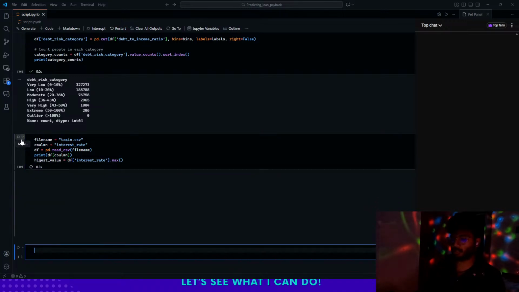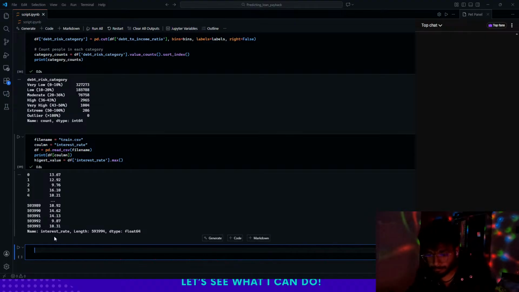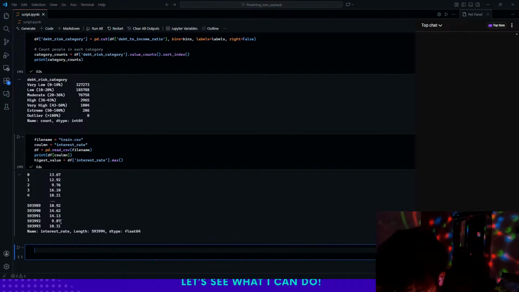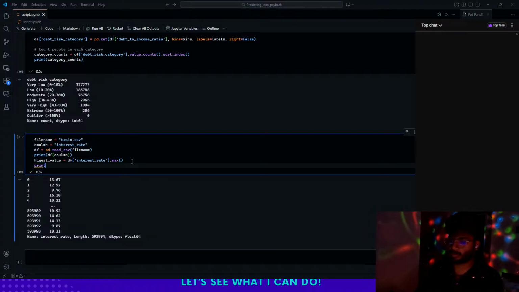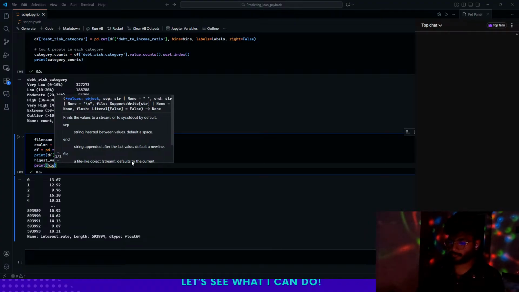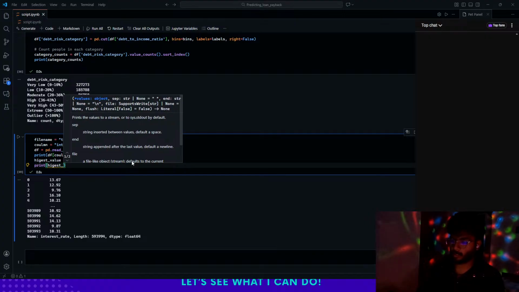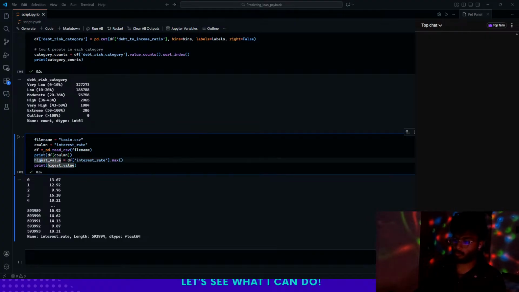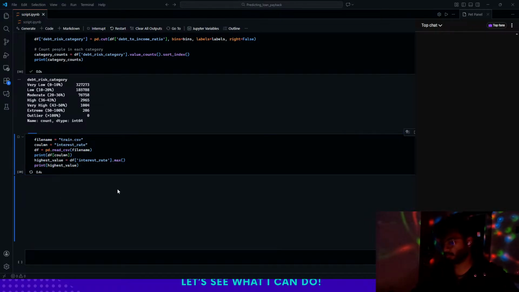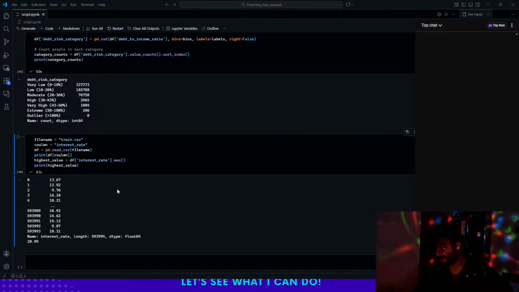Now let's enter this thing. Oh, I didn't print. Okay, so print highest value. 20 is the highest value.